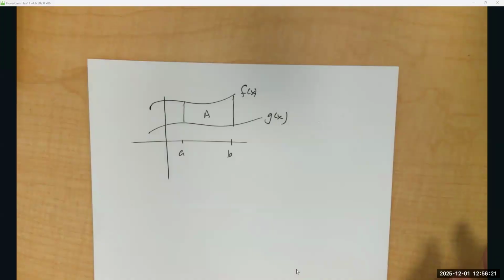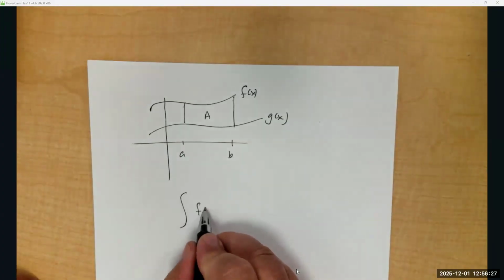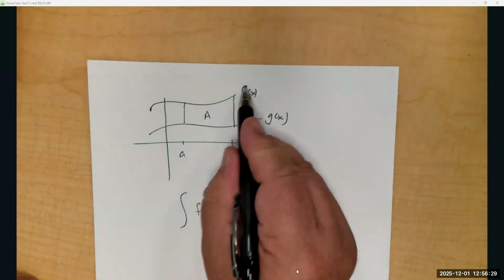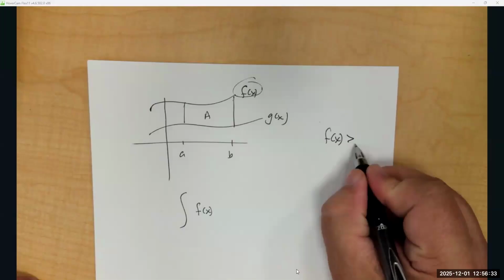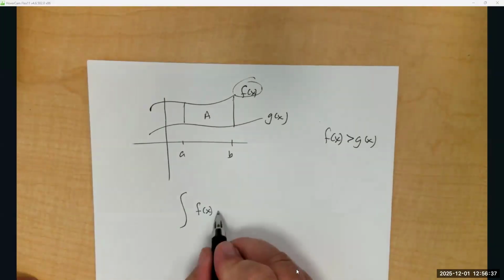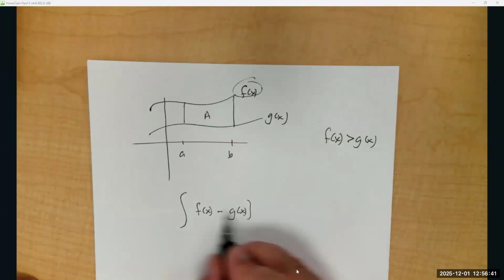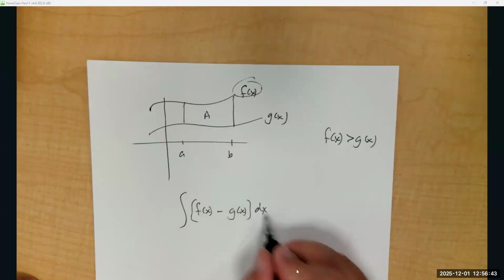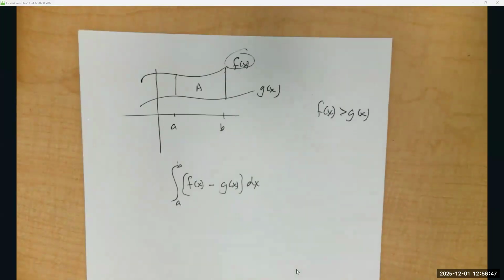So how would we find that? Since it's area, we have to take the higher function, because if f of x is greater than g of x, then it's the higher minus the smaller. We have to take that difference.